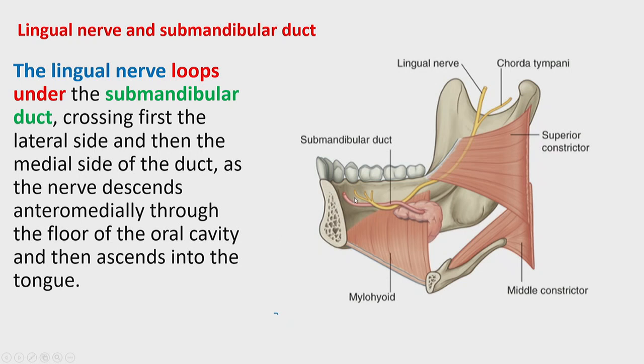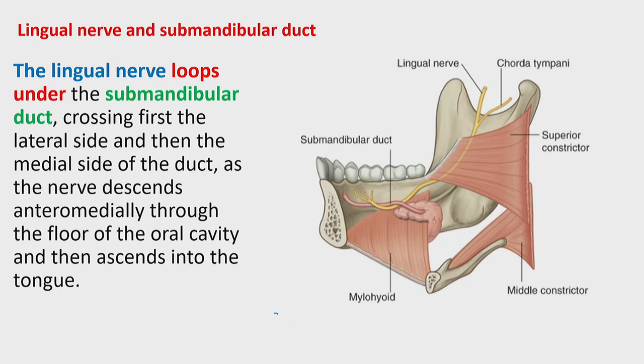And this is the relationship of the duct with a very important nerve which comes from the infratemporal fossa to the pterygomandibular space, and it crosses under the submandibular duct. Be careful, the lingual nerve crosses and goes under the submandibular duct from the lateral to the medial side, and it goes, according to its name, to the tongue.